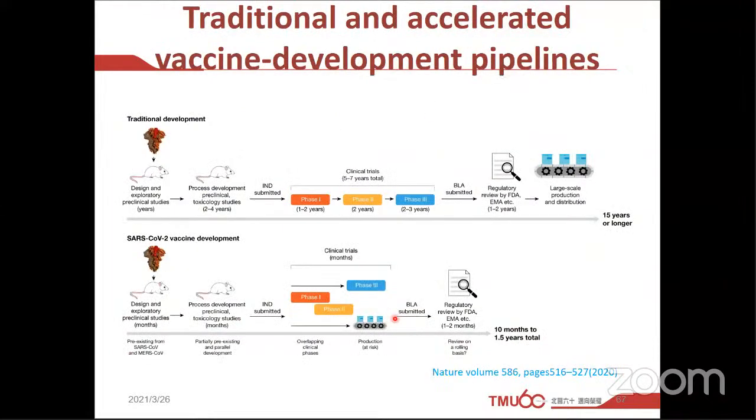Here I'm going to mention the drug development. Usually vaccine development takes 15 years, I'm sorry, from bench work to clinical trial. However, in less than 1 year we got a vaccine developed, because we got experience from doing SARS, right? And also we can do a lot of clinical trials at the same time because there are so many patients, we can do clinical trial 1, 2, 3 at the same time.